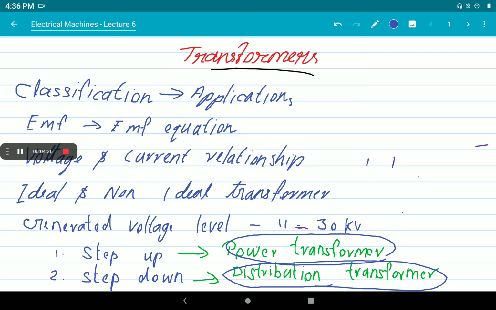For transmission systems we use only 3-phase transformers, and only in distribution at a domestic level, where we need only low level voltages, we use single phase transformers, and the voltage step down is done by a single phase transformer.